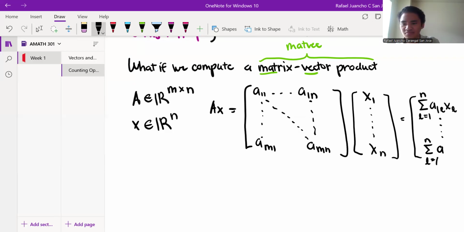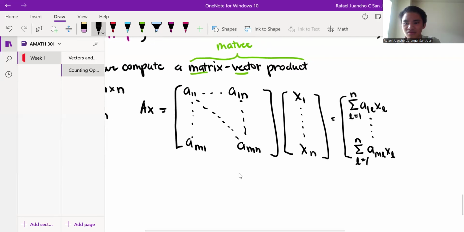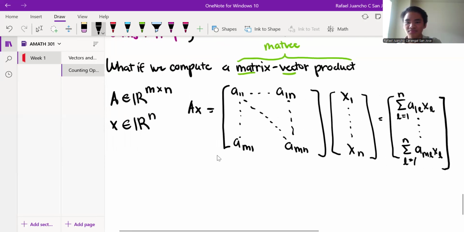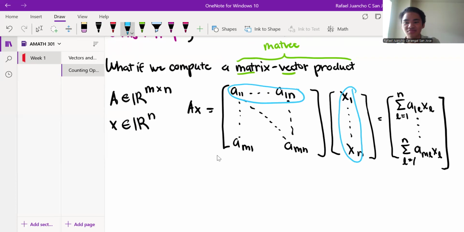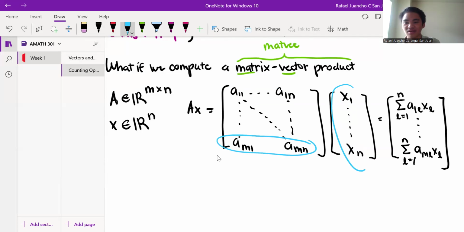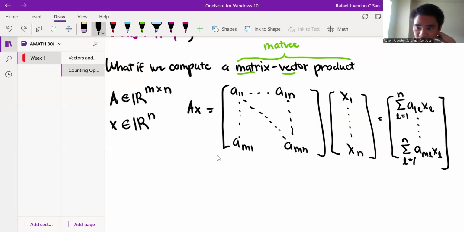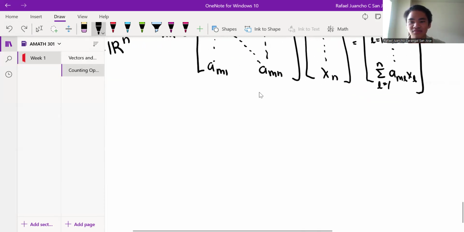But now a here is m: aml xl. We already derived this in the last video, but it's the dot product of this and this. That's how we get this summation. And then this last one is just this and this. Okay, so that's that.